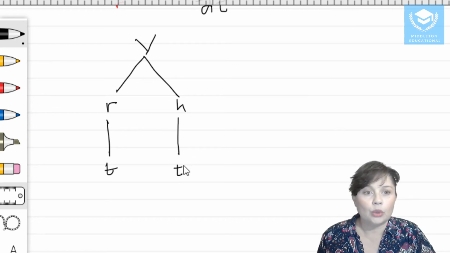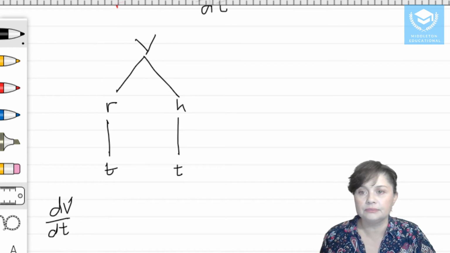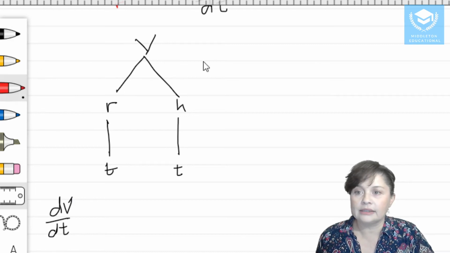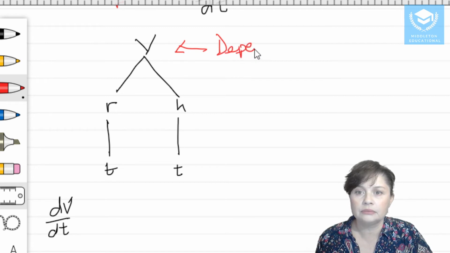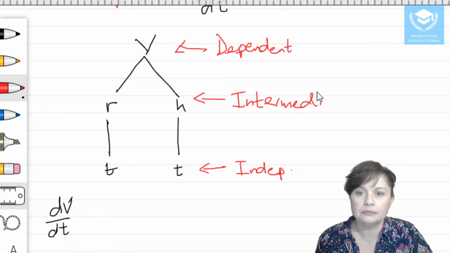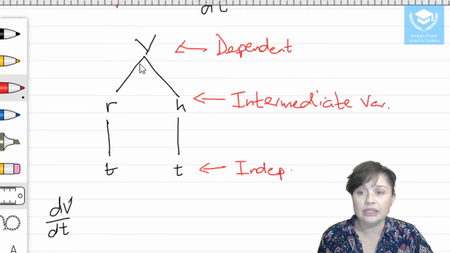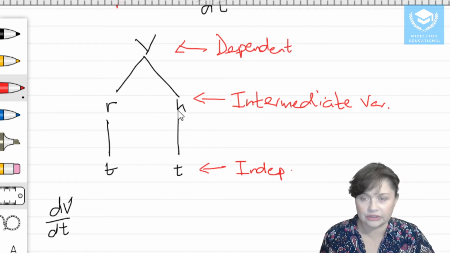But what you want to get is dV/dt. Remember, I said this one here, V, is the dependent variable, that over there, t, is your independent variable, and these ones we are going to call our intermediate variables. You want V with respect to t, which means that you need to go through r and h effectively.